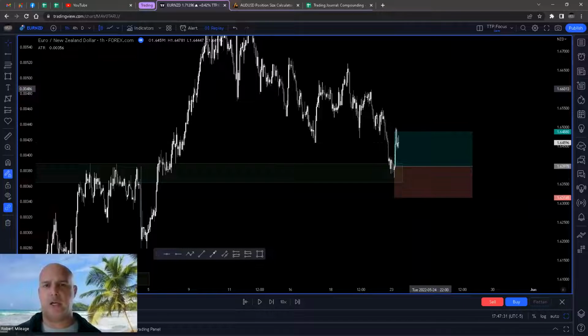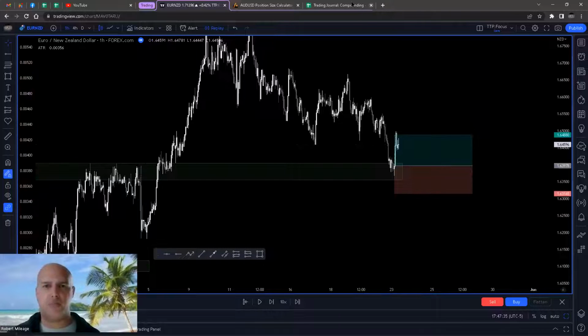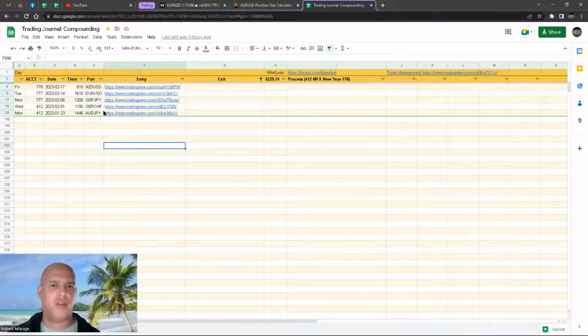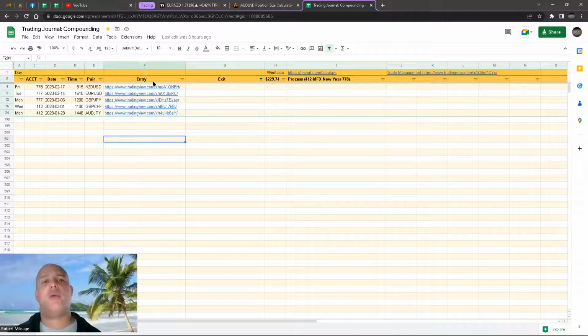You take a screenshot of this trade, and then you put it in a trading journal. You don't have to have all of this stuff here in regards to this. You can just have an entry, your exit, what it looked like when you entered it, take a screenshot of that, what it looked like when you exit it, and basically like the process, your notes. Why did you take this trade?